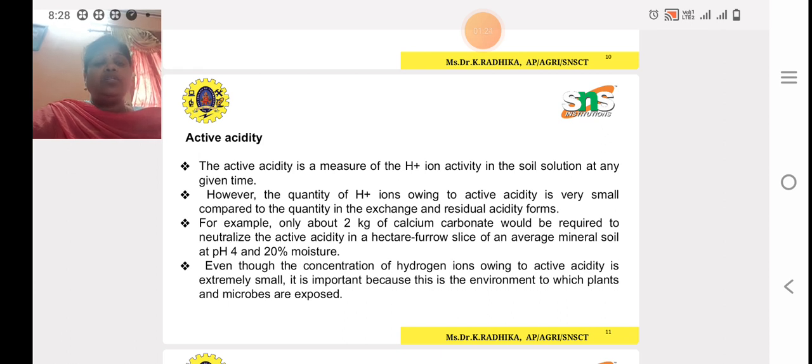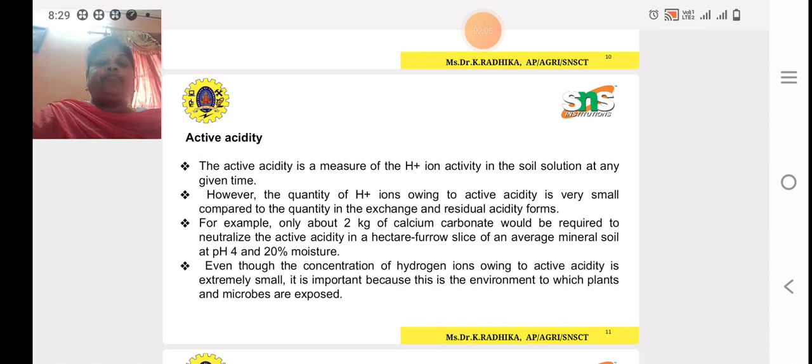For example, only about 2 kg of calcium carbonate would be required to neutralize the active acidity in a hectare furrow slice of an average mineral soil at pH 4 and 20% moisture.